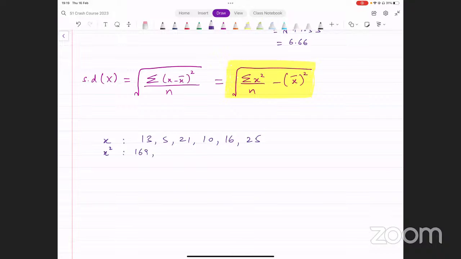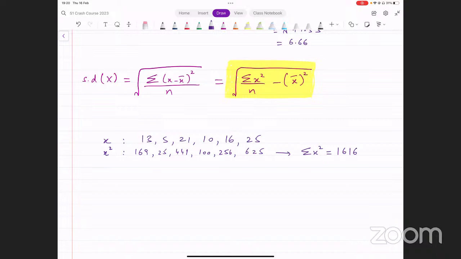Then 5 square is 25. 21 square is 441. 10 square is 100. 16 squared is 256. 25 squared is 625. And now you just add all of these values up. That would be sigma x square, the sum of all x squares. This turns out to be 1616 for me.